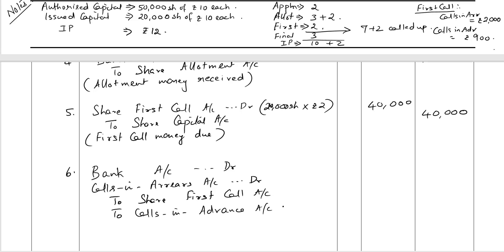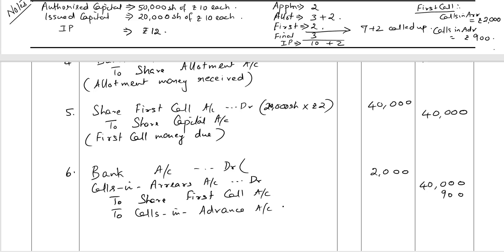So let's fill up the items. The calls in arrears, as we've already calculated, is 2,000 rupees. The amount of the share first call which was due was 40,000 rupees. Amount of calls in advance calculated by us, 900 rupees.